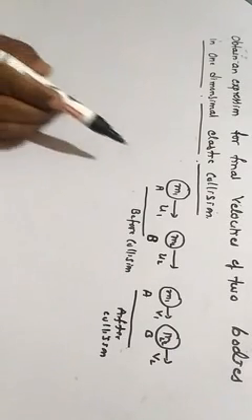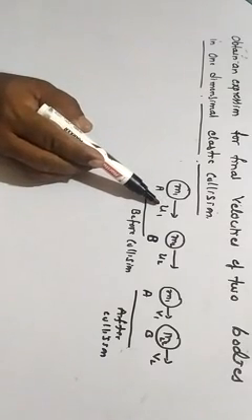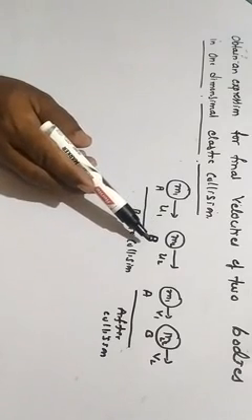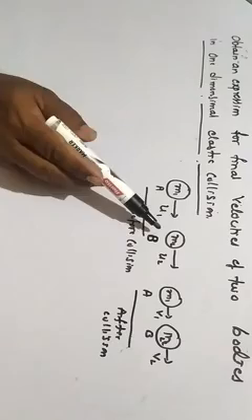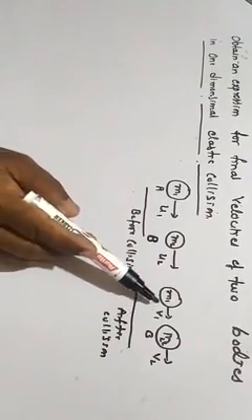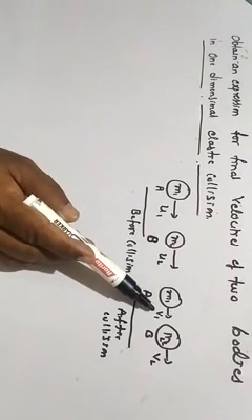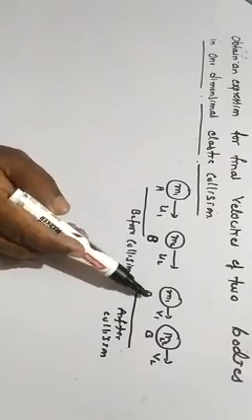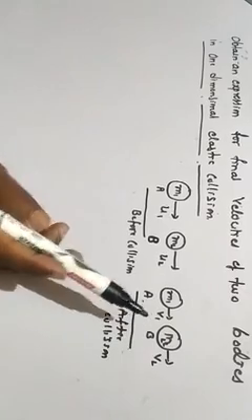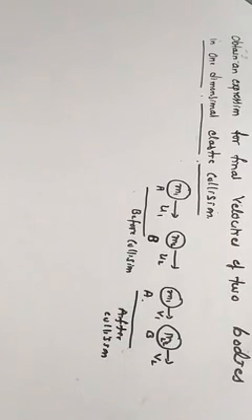Then m1 u1 is the momentum of the first body, and m2 u2 is the momentum of the second body. These are the initial momentums. For the final momentums, m1 v1 is the final momentum of body A, and m2 v2 is the final momentum of body B. So this is the actual description; what I am explaining, the description that will be written on the board, is called the explanation.